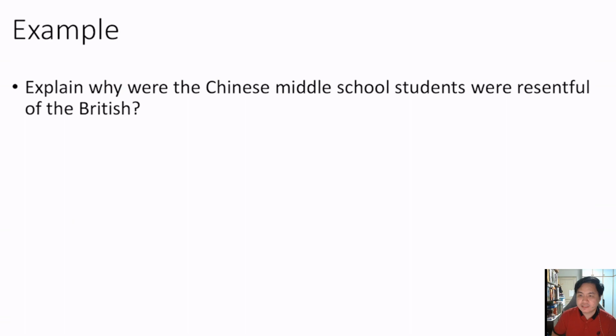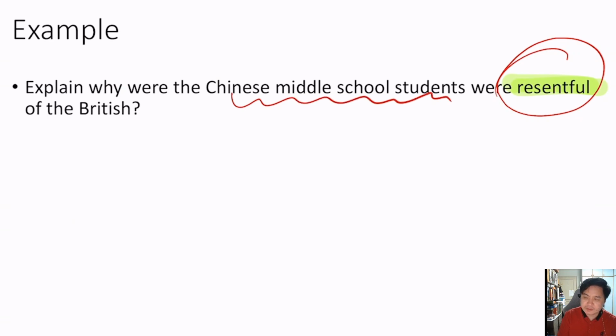So let's look at this. Explain why the Chinese middle school students were resentful of the British. Now, the outcome is normally at the back, but sometimes it's not at the back. You have to look carefully. In this case, the outcome here is resentment. So there must be a trigger that led to it, and the main topic here is the Chinese middle school students.